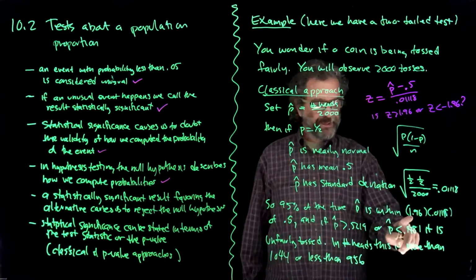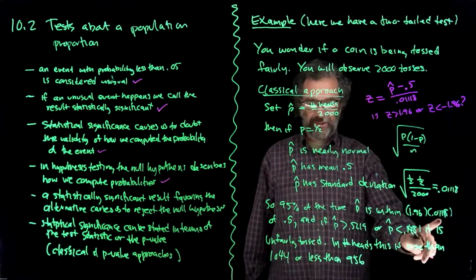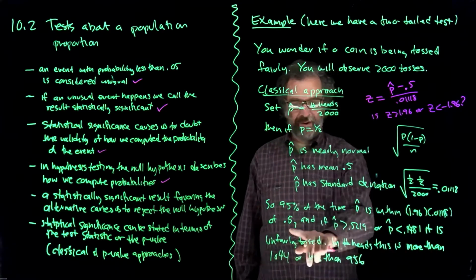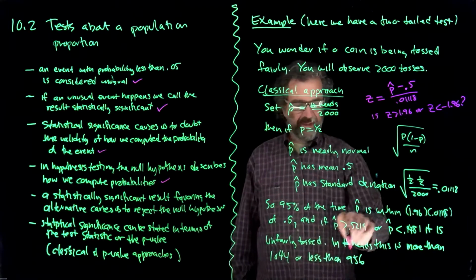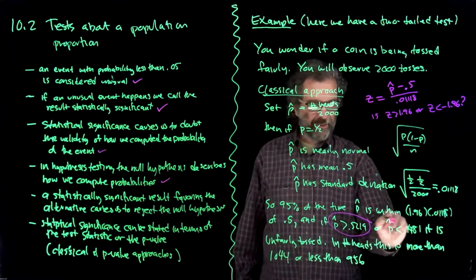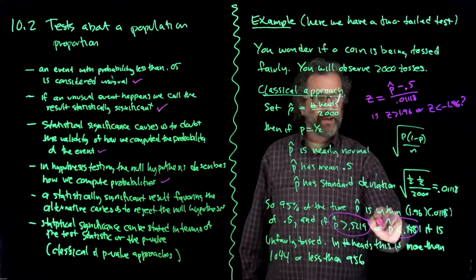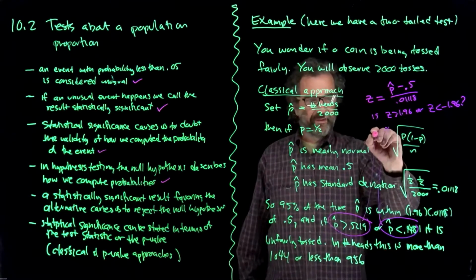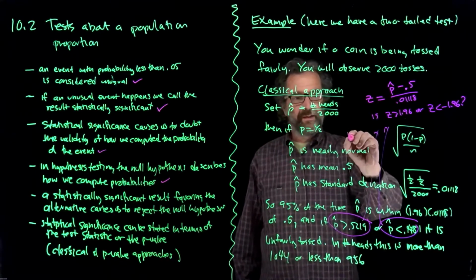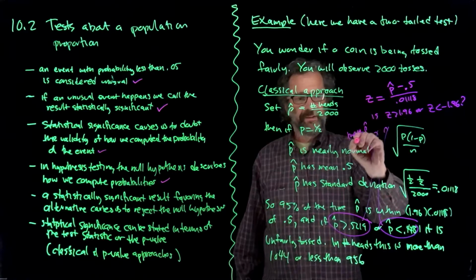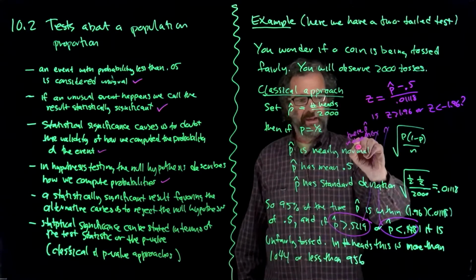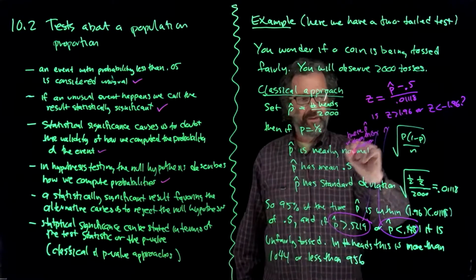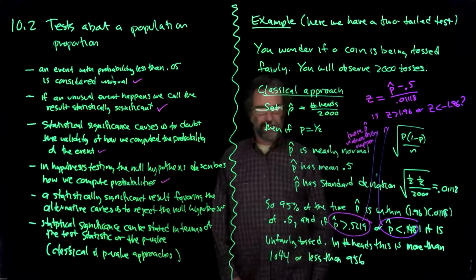You find those places by taking 1.96 times the standard deviation and going that far away from 0.5, and that gives you those p hat values. So we can either use the z value or the actual p hat value.